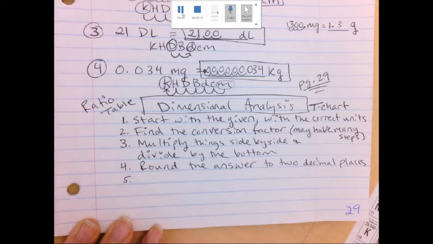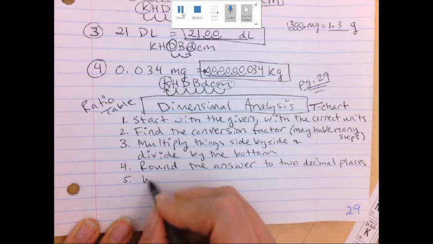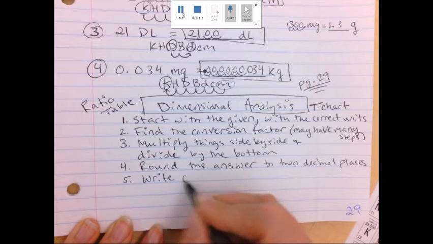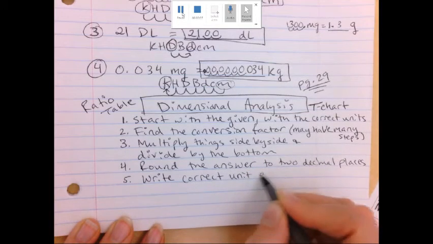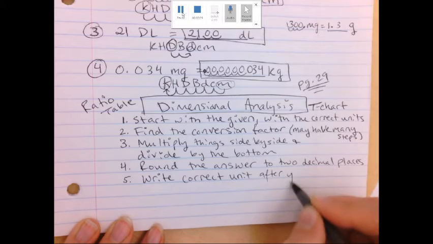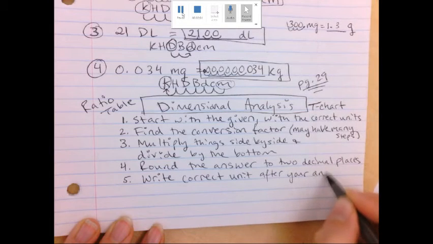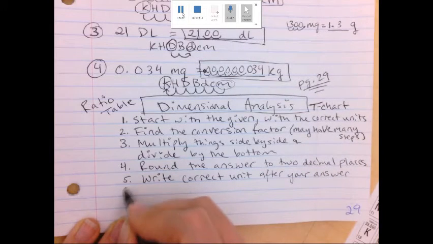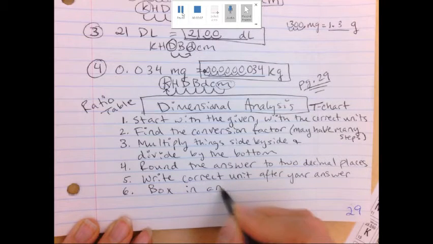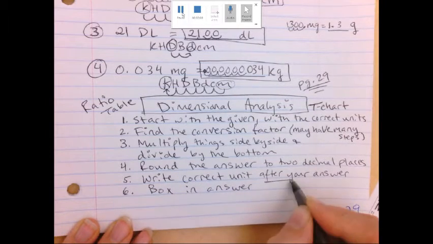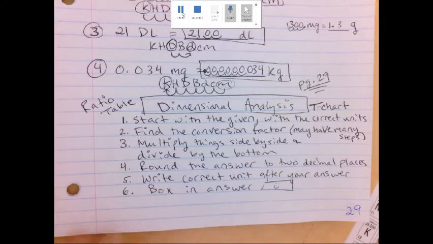And second to last step, we want to write the correct unit in for our answer. And that goes at the end. And last but not least, you want to box in your answer. Okay, so we know which one is the correct answer there.